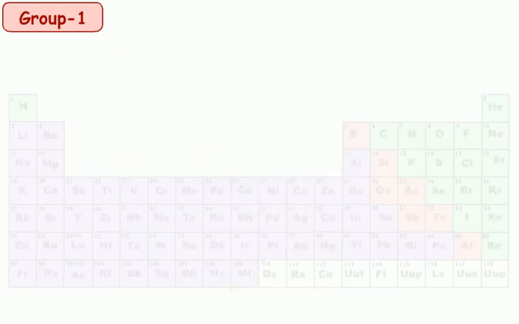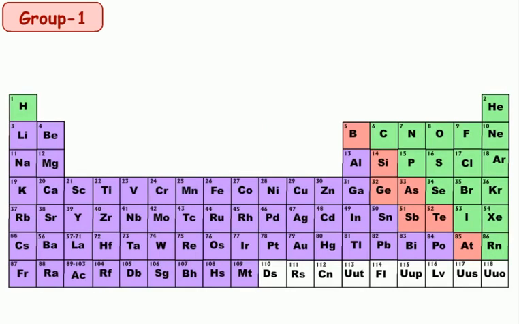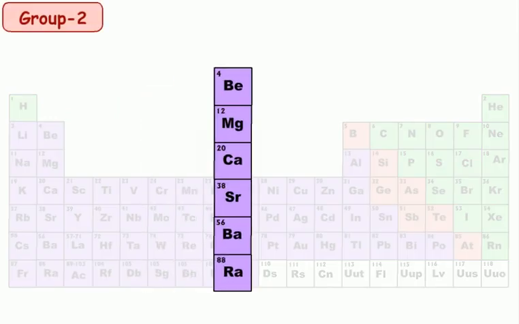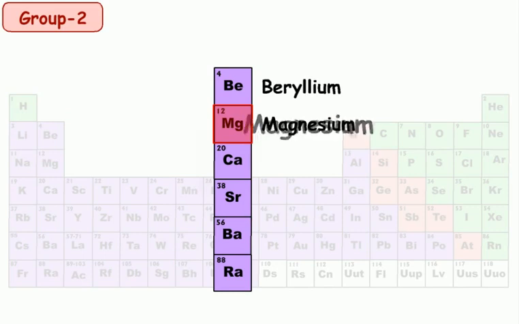Now let us look at the elements in group 2 and group 13. In group 2, we can see elements like beryllium, magnesium, calcium, strontium, barium, radium.